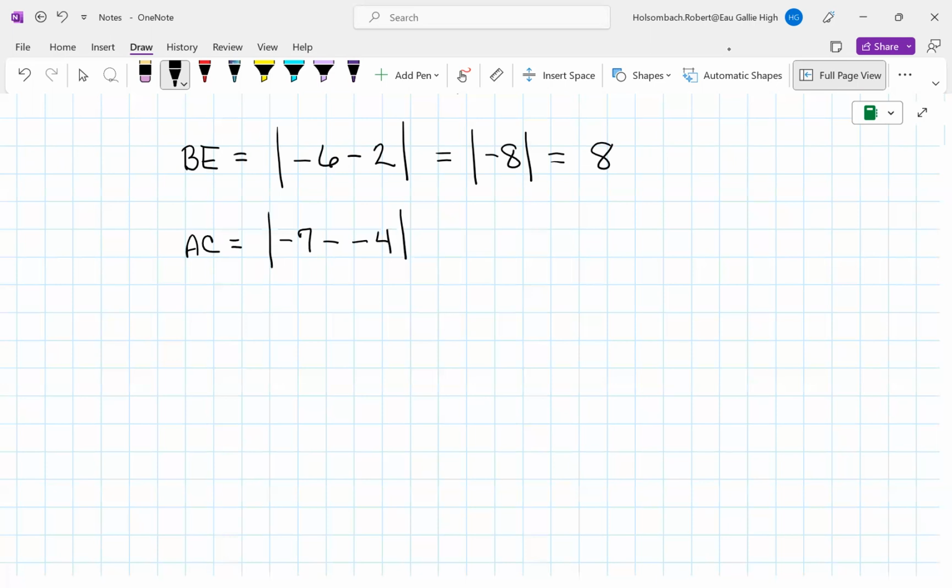All right. So we're going to get the absolute value. We got -7 minus -4. So we're going to go 7 negative minus 4 negative and hit equals. We get the absolute value of -3. And the absolute value of negative 3 is equal to 3.